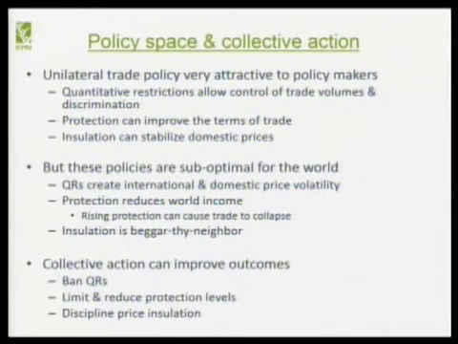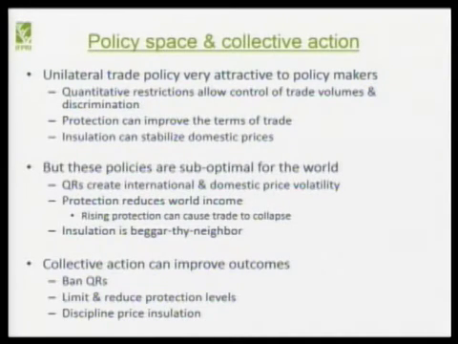Protection reduces world income, so everyone can be made better off by reform. And of course, with rising protection, once someone introduces a 45% tariff on something else, it doesn't end there. The path of retaliation can lead to the sort of downward spiral we saw during the 1930s.